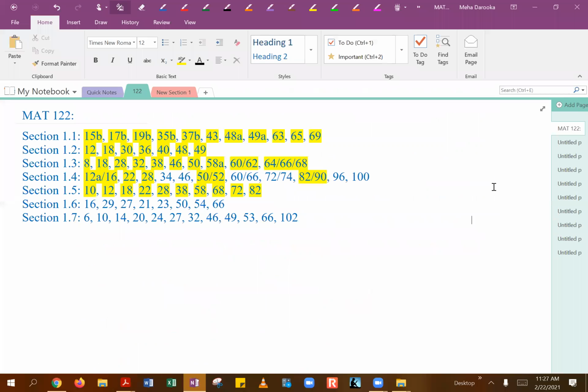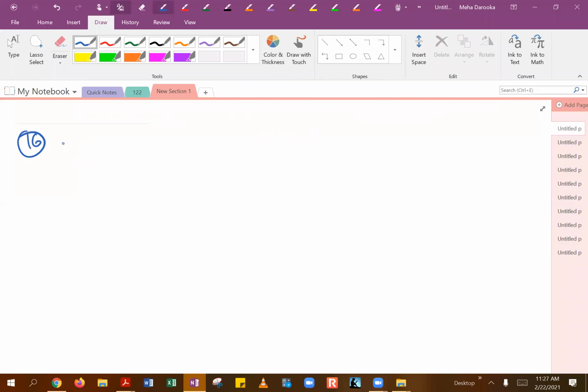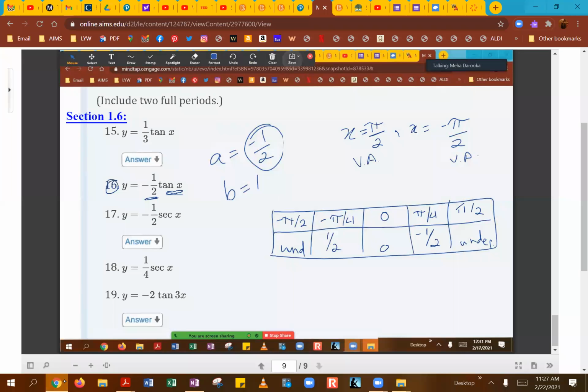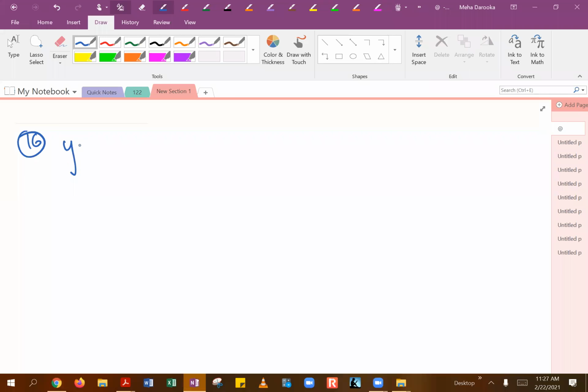So let's take a look at our function over here. This guy is number 16. We are given y equals negative 1/2 tangent of x. As we had identified last time, our a value is 1/2, and our b value is 1, which is the coefficient on your x term.